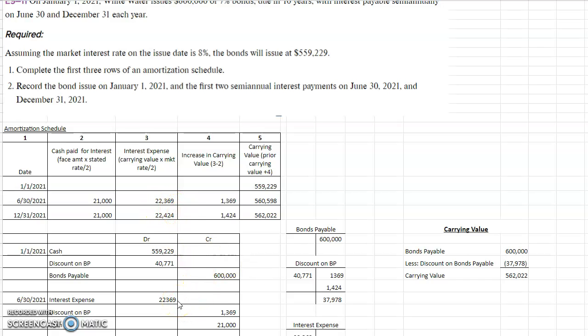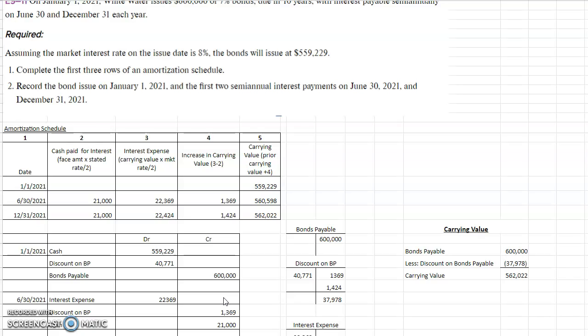That's the interest expense. But the cash that was paid was $21,000. The difference is going to go to the discount on bonds payable. The discount is a debit balance account. If it's a premium on the bonds, it's going to be a credit balance account.